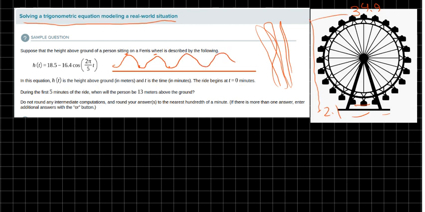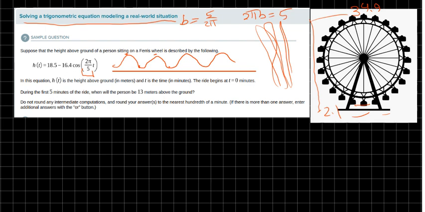Okay, and our B here, for our horizontal stretch, is 5 over 2 pi. So it is horizontally stretched by 5 over 2 pi. The normal period is 2 pi for cosine, so the new period is 2 pi over b, or 5.